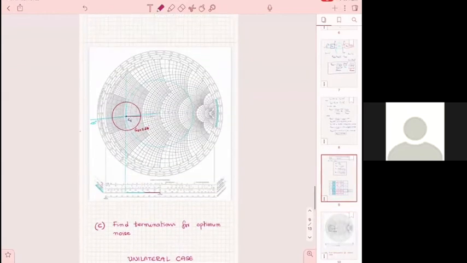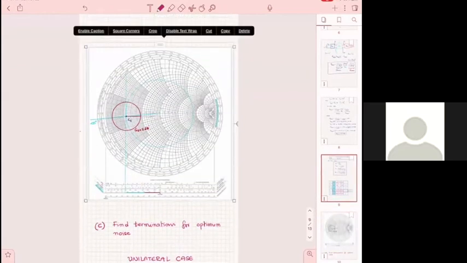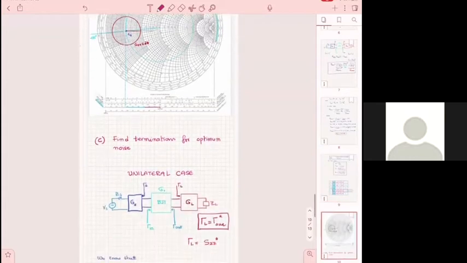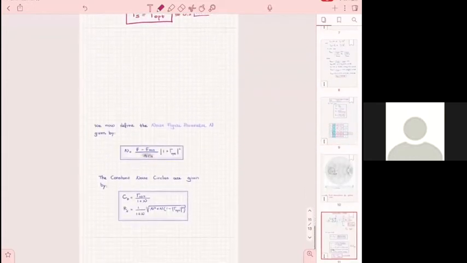Perfect. So let me copy this one and go a little further down. We don't even have to do the circles. However, do you know how to do circles if I ask you, for noise?